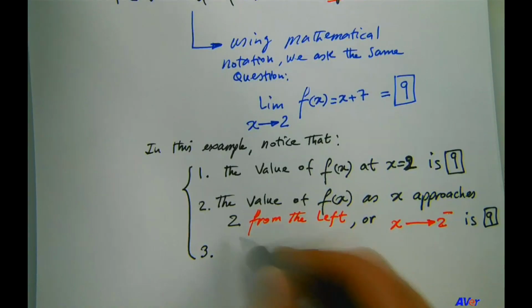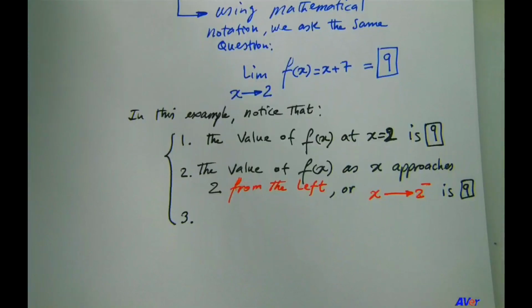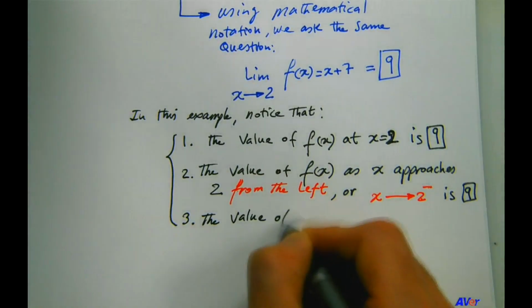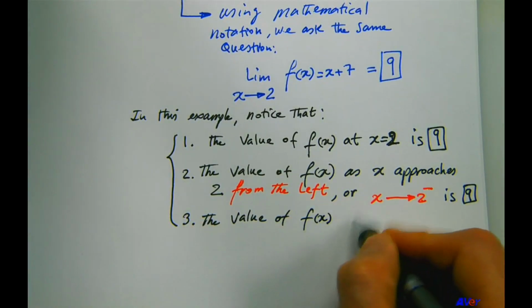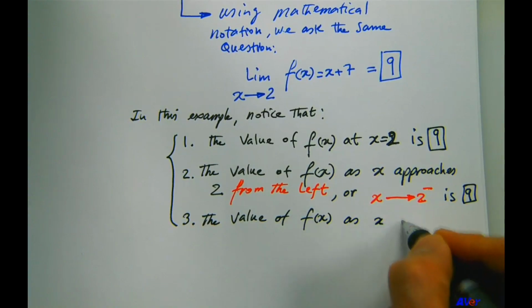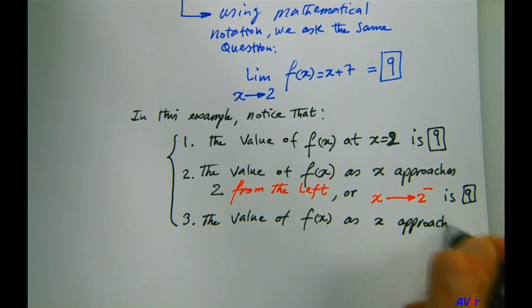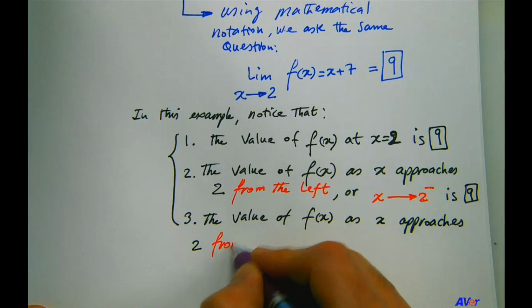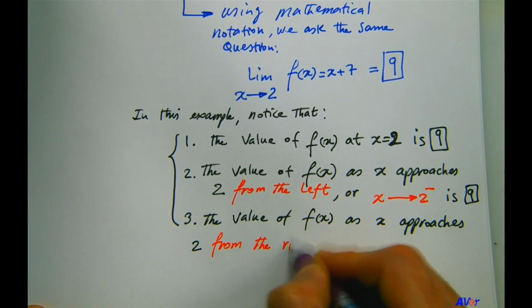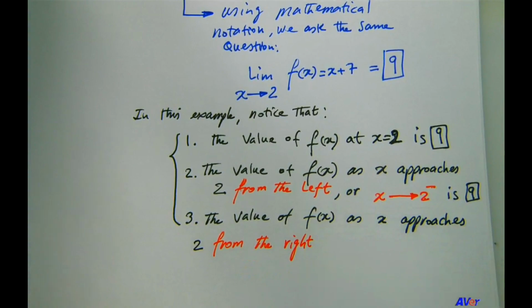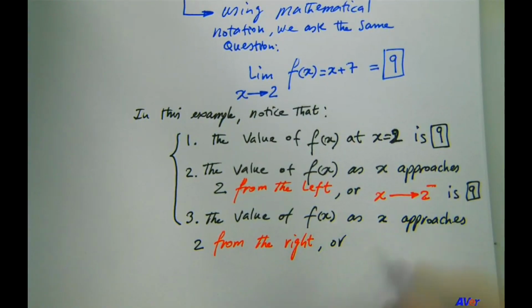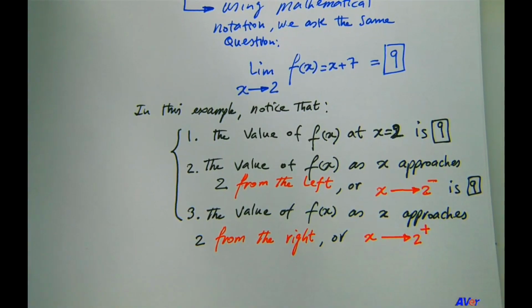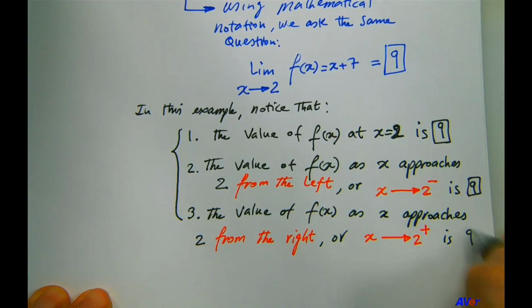By the same token, we can say that the value of this function as x approaches 2 from the right is 9 as well.